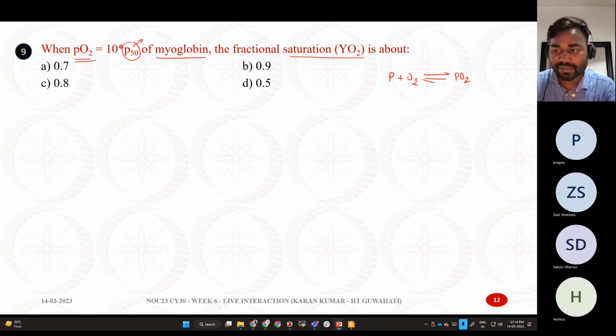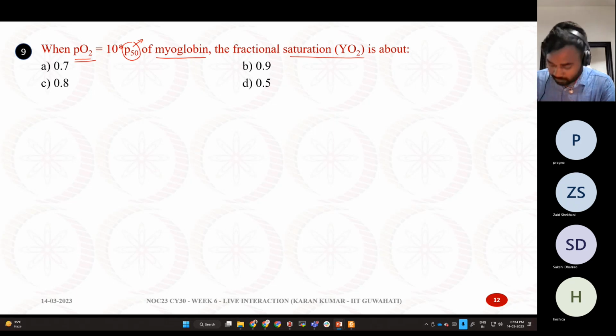Okay, so fractional saturation YO2 will be... This is your homework. You calculate it. This is your homework, how to solve this problem, and tell me the equation of fractional saturation.